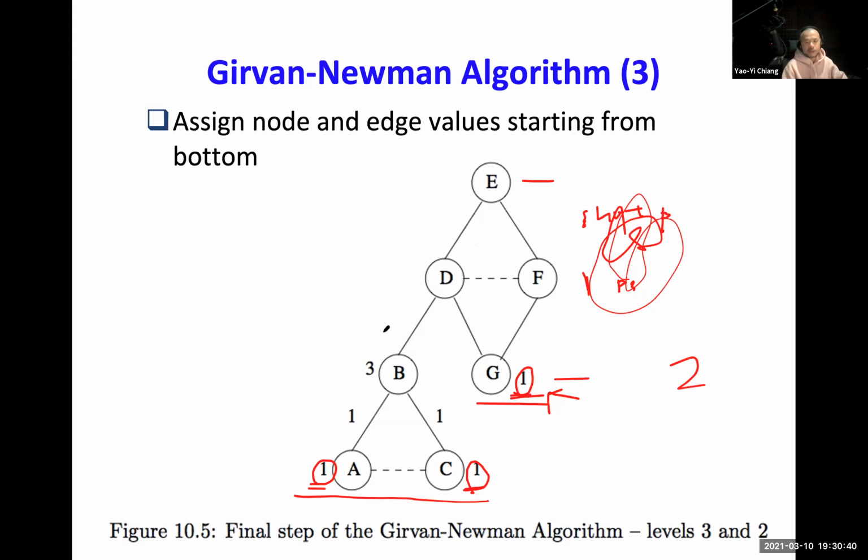Everybody has a 1. Then from this 1, you start to propagate. You say, okay, there's one length and this path has to go through here. So 1. This path to reach C has to go through here. 1.